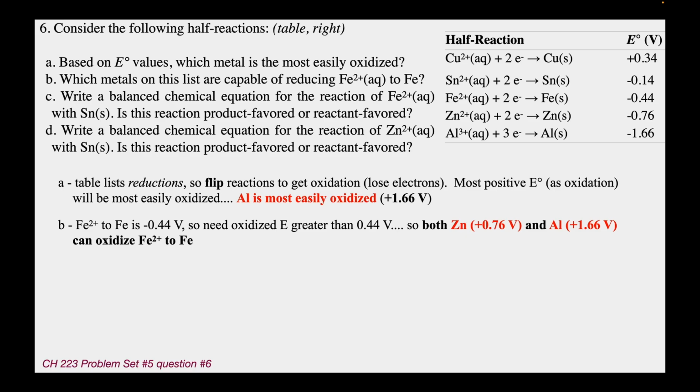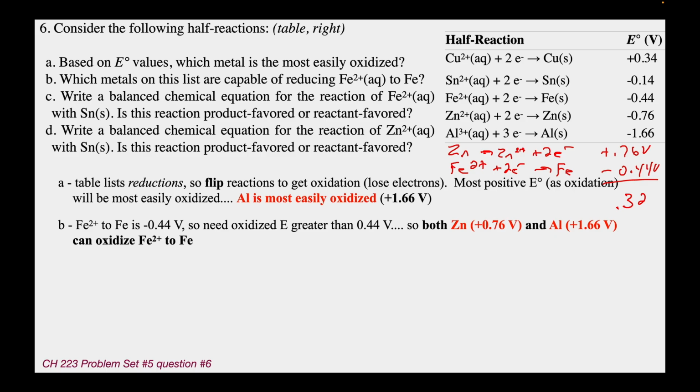If I flip the zinc reaction around, I would have zinc going to zinc 2 plus and 2 electrons, and that would be positive 0.76 volts. And we want iron 2 plus to add 2 electrons and go to iron, which is minus 0.44 volts. So you can see when I add those together, 6 minus 4 would be 2, 7 minus 4 would be 3.